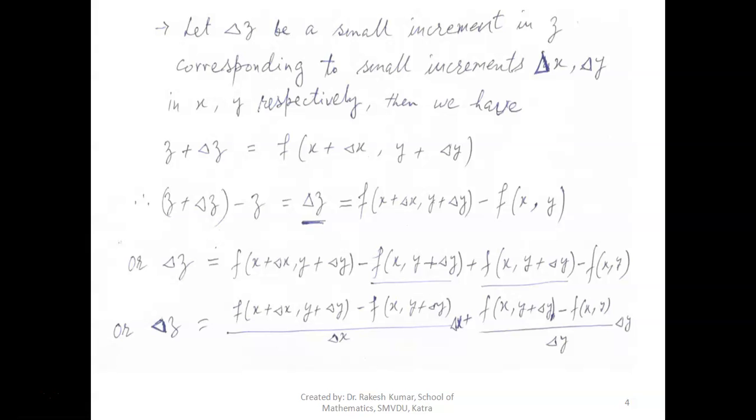Therefore, z plus delta z minus z is simply delta z, and it is equal to f of x plus delta x comma y plus delta y minus f of x comma y, or delta z is equal to f of x plus delta x comma y plus delta y minus f of x comma y plus delta y, plus f of x comma y plus delta y minus f of x comma y.